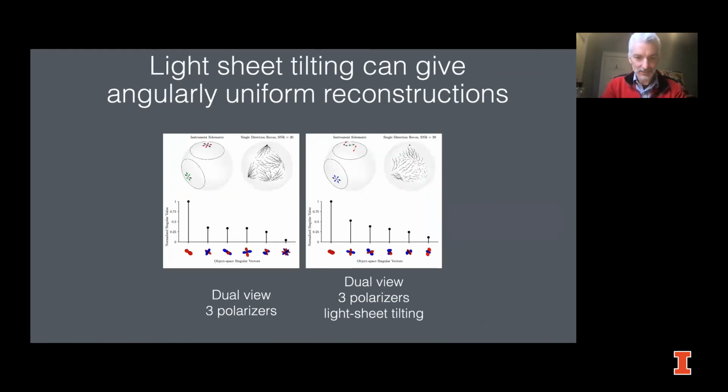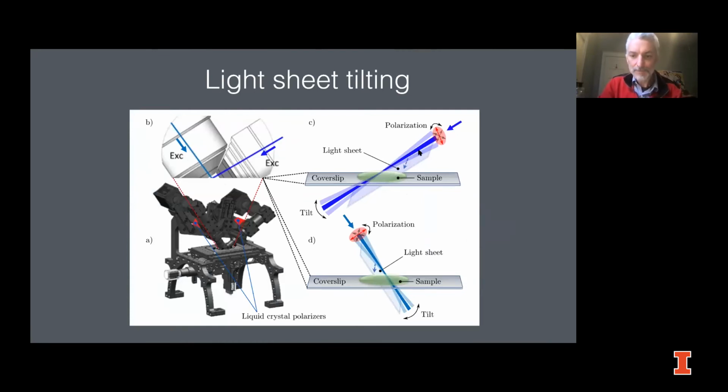We had to add this light sheet tilting, basically to swing the laser beam a little bit, to pivot it around the point at which we're trying to create the light sheet, so that the polarization vectors had a little component, at least in the y coordinate, that they wouldn't have had otherwise. And that's what allowed us to fill in that gap in the null space.